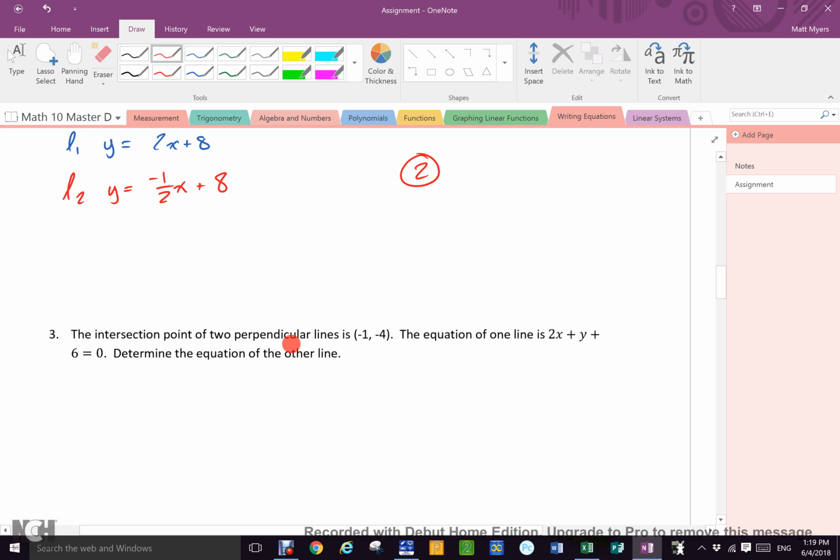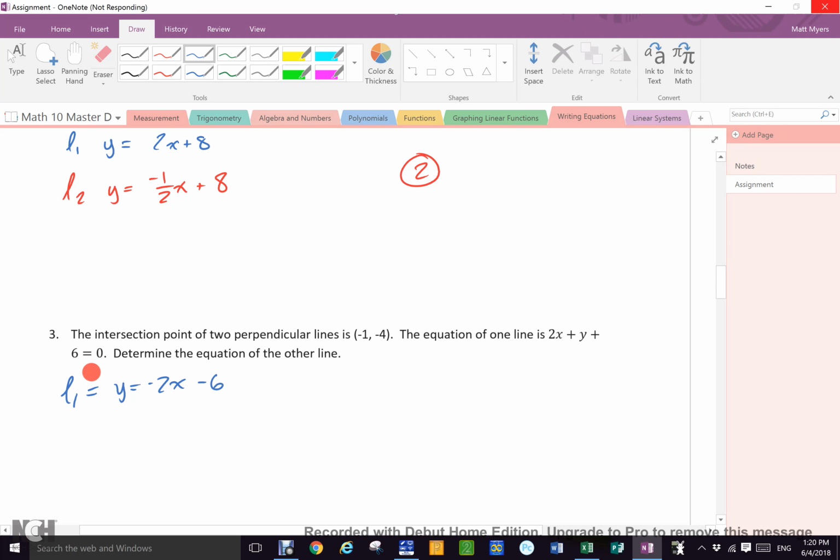This one is slightly more difficult. Line 1 is y equals negative 2x minus 6. Oh, but the perpendicular line has a point.